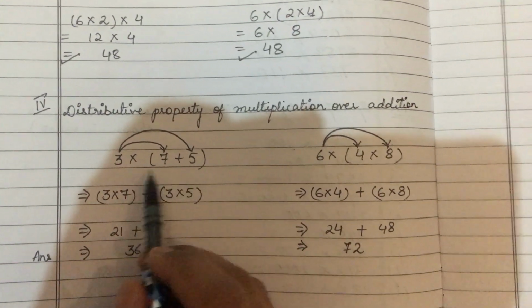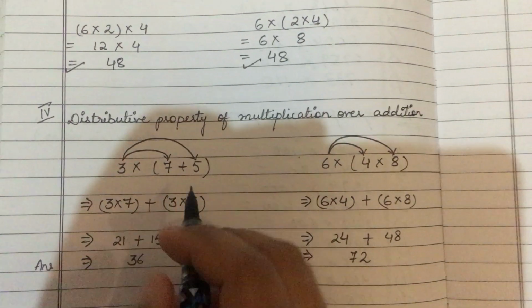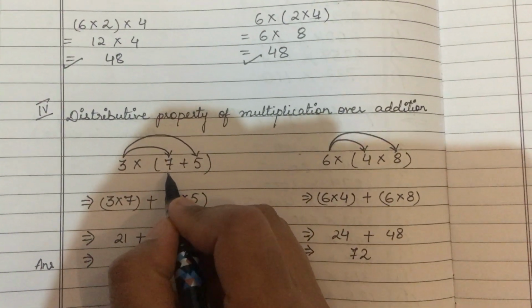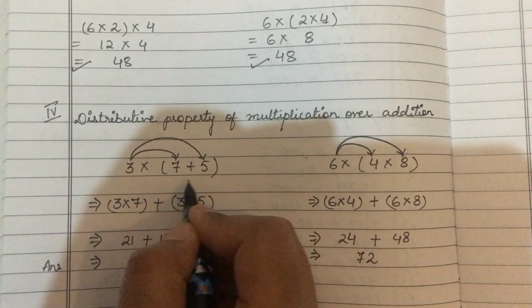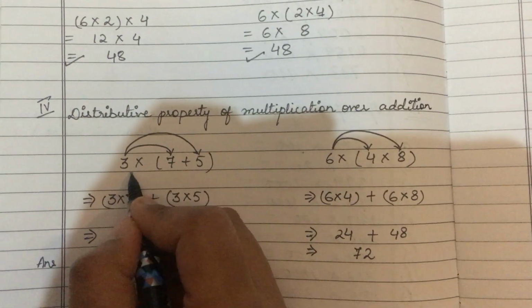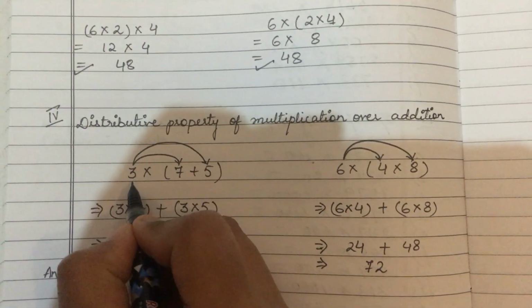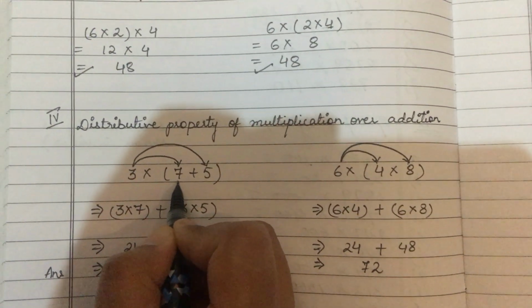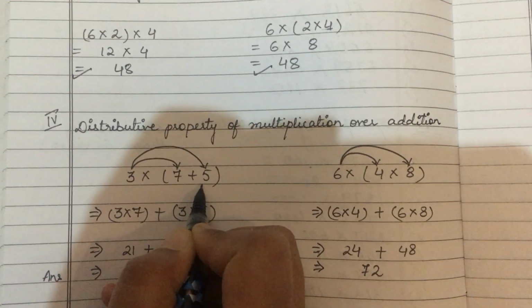In the bracket I have written 7 plus 5, and outside the bracket 3 is multiplied. That means 3 is multiplied both with 7 and with 5.